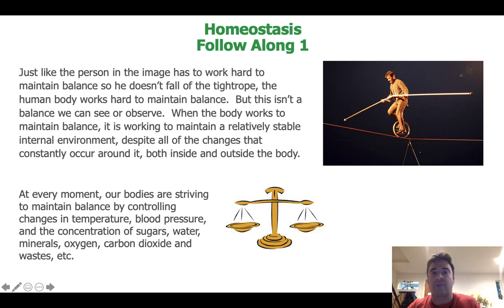So if he starts tilting to the right, he'll adjust his balance stick to tilt back to the left, etc. And it's a delicate balancing act. And that's really what homeostasis is, and the maintenance of homeostasis is. It's a delicate balancing act, except instead of doing it on a tightrope, our body is doing it in relation to things like the external and internal environment.